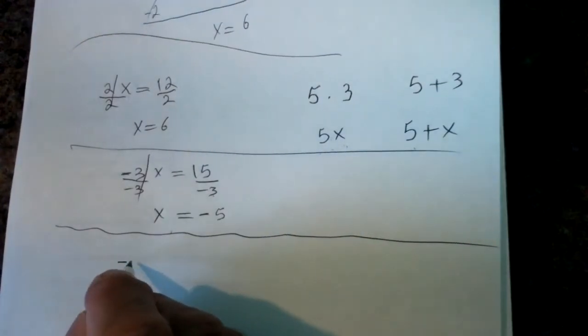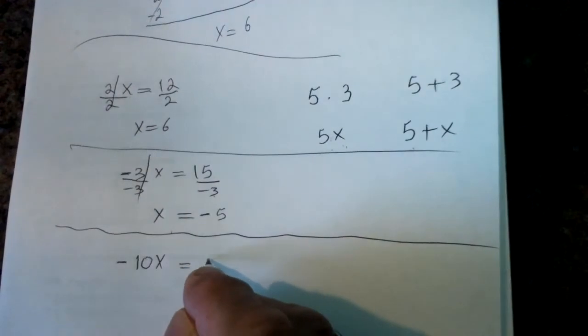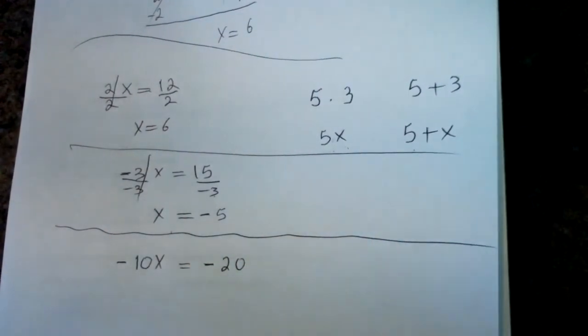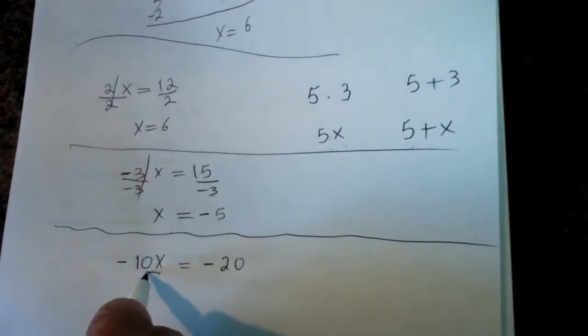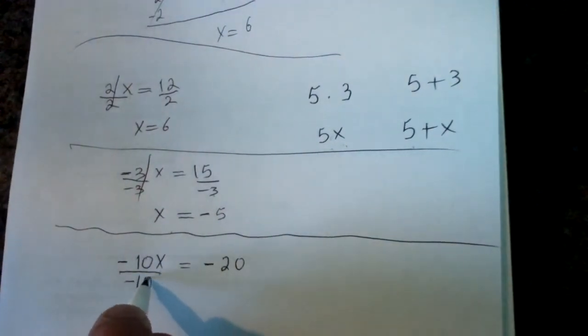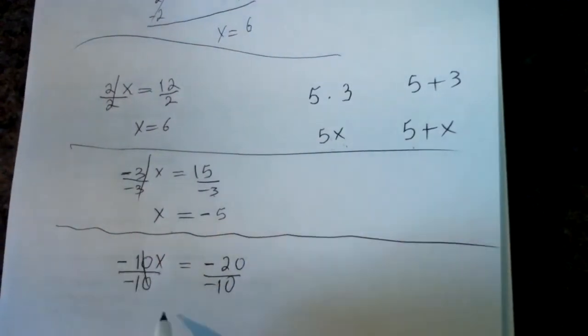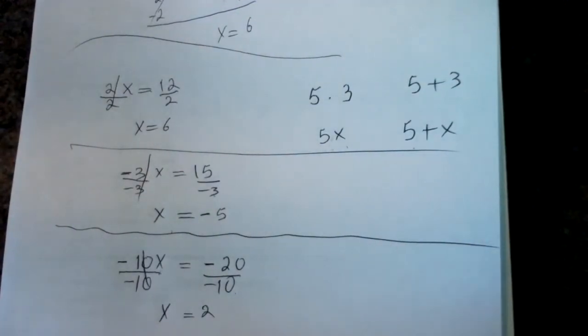But if I have -10x is equal to -20, again, you divide both sides always by the number sitting next to x. So in that case, x or positive x is by itself, and here -20 divided by -10, when I use my calculator, is 2.